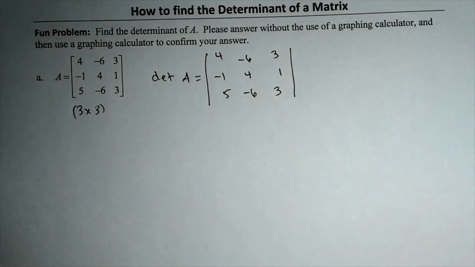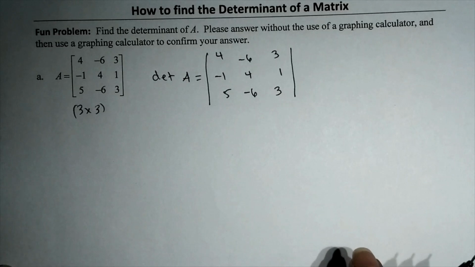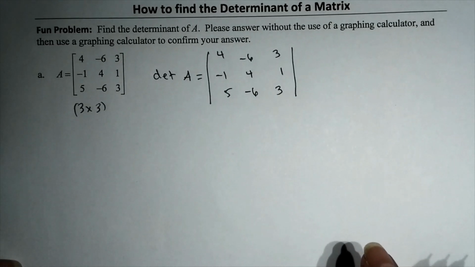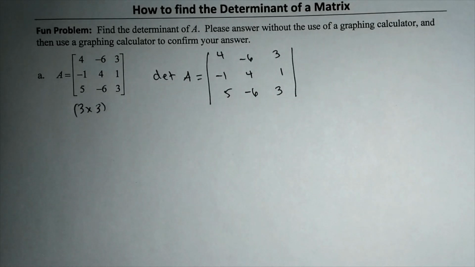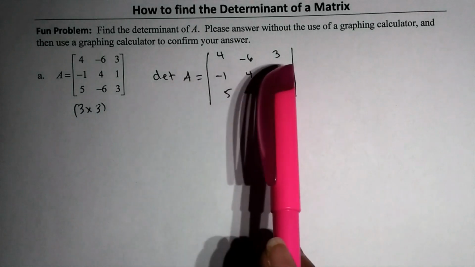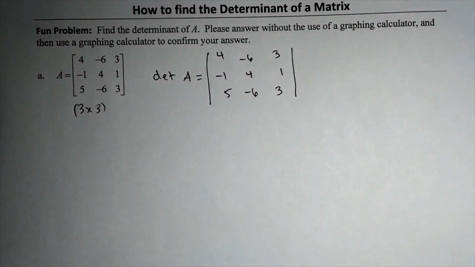Cool. So you can expand any row or column as desired. For the first problem, we expanded the first row because it's the first problem. We already have too much spice in our life. But this one, I want to see what numbers catch my eyes, or which ones scare me the least. The first row is nice, but I'm not a big fan because there's a negative in there.